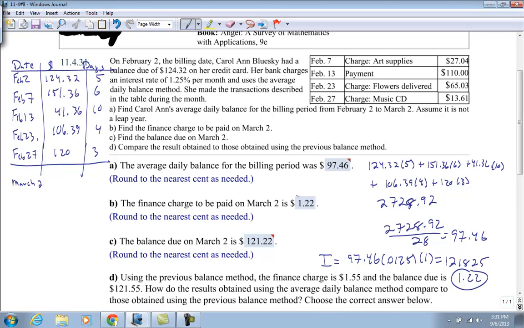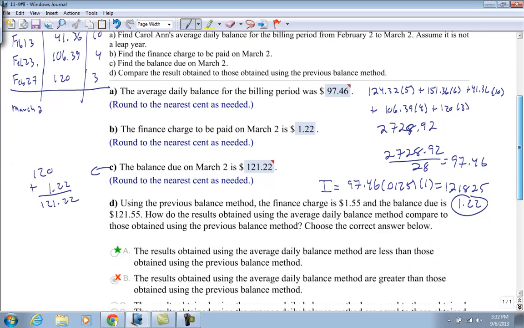That's what we have there. So what's the balance due? The balance due is going to be the last balance of 120. People get this wrong often. They want to add this 97.46, the average daily balance. No, it's the last balance, 120, plus the finance charge of 1.22, which gives us 121.22. That's that answer there.